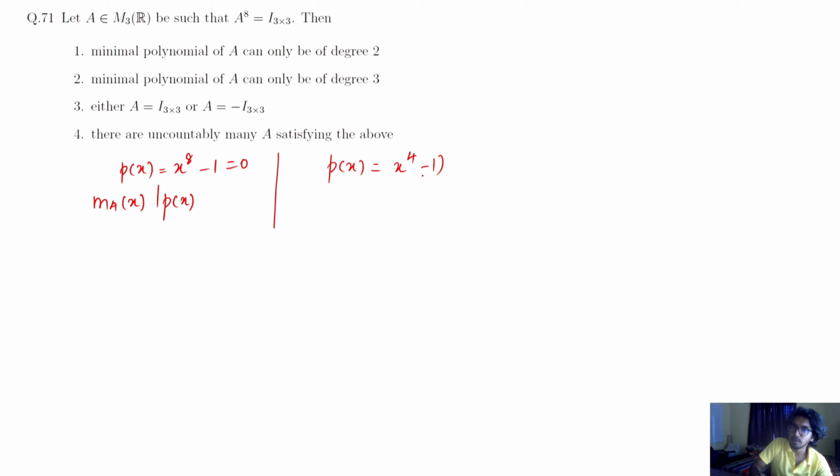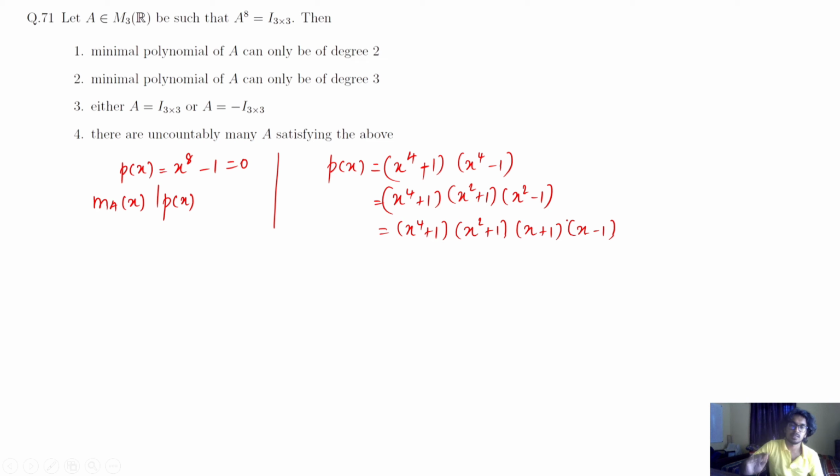Let me write it as (x^4 + 1) times (x^4 − 1). Again, this can be split as x^4 + 1 stays as it is, and (x^2 + 1)(x^2 − 1). Again, you can split it in the way that x^4 + 1, x^2 + 1, (x + 1)(x − 1). So these are the possibilities, right? All are distinct in nature. Okay, so this is one.